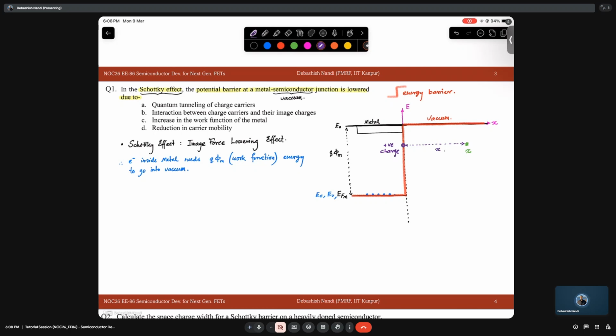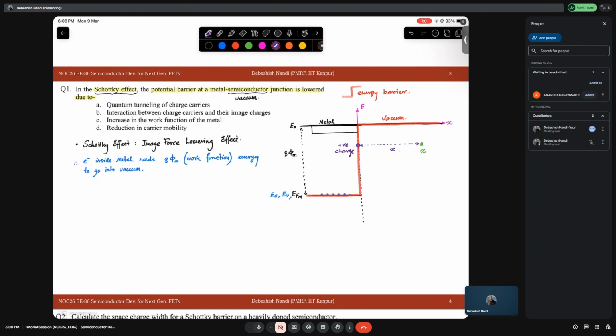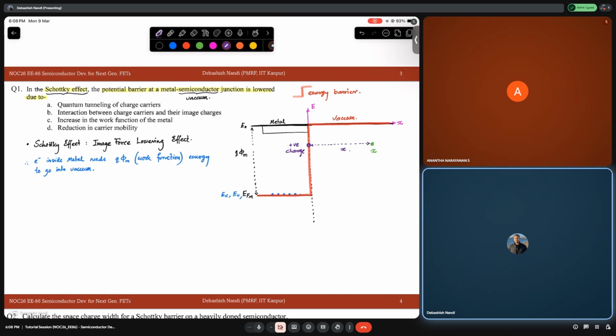So what about the attraction force between these 2 points? It can be assumed that inside the metal, the positive charge lies just like an image, if we consider the midpoint as an axis.